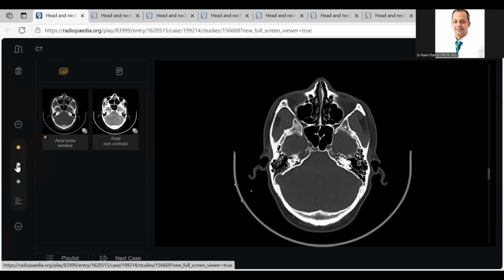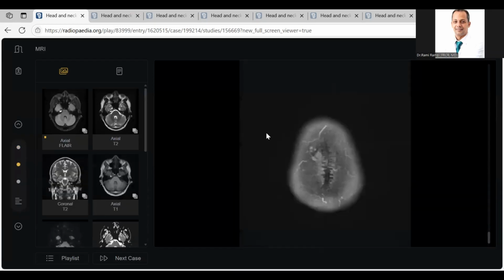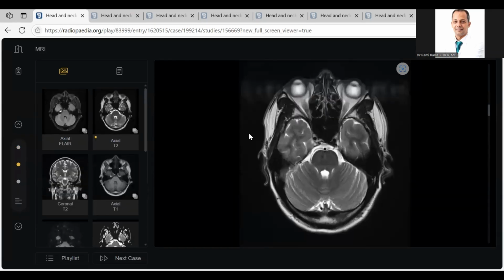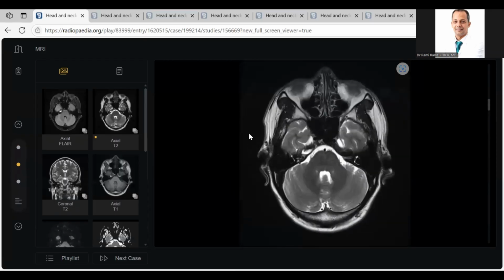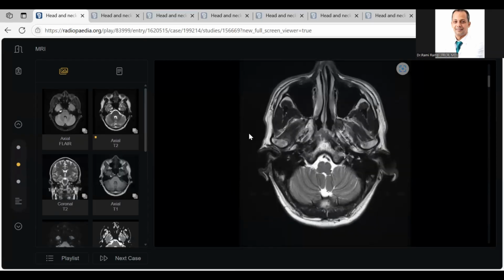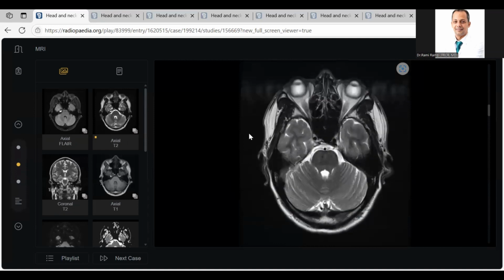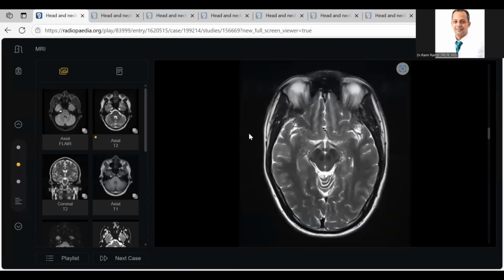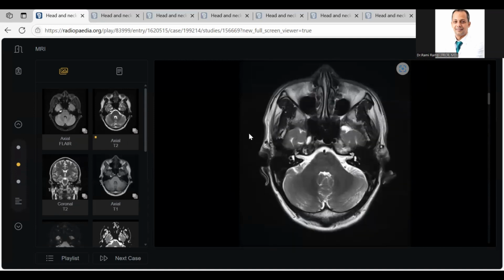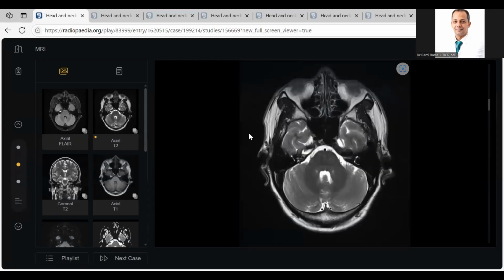MRI of the brain. Thank you. This is the MRI. Go on. This is the complementary MRI in T2 sequence of the same patient. It shows a heterogeneous signal intensity lesion in the right petrous apex, which has continuity with Meckel's cave, I think.